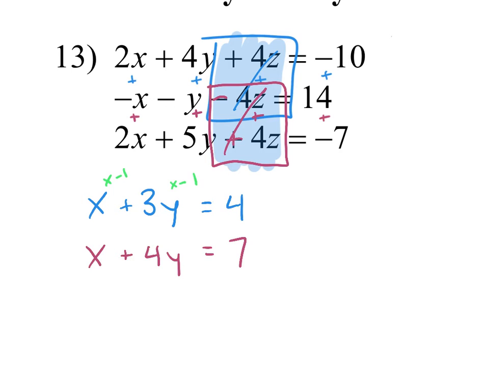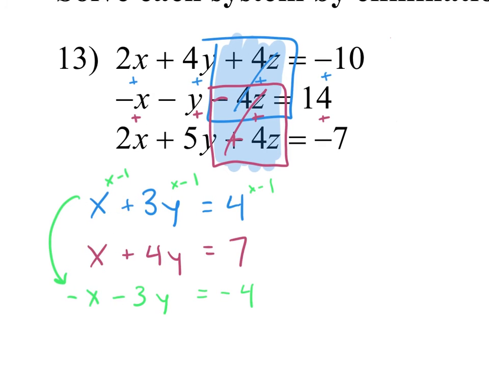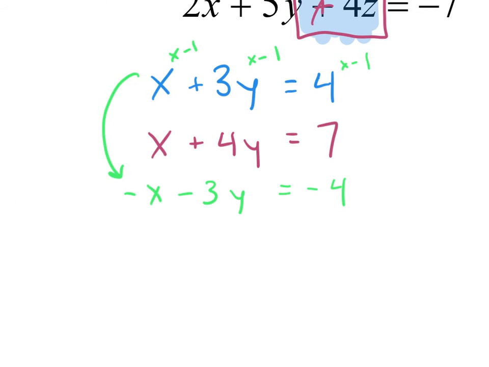So multiply everything times negative 1. So we have negative x, I'm just going to rewrite it down here, minus 3y is equal to negative 4. So the only thing that changed were the signs for everything. Now we can combine these two equations. So what's x minus x?